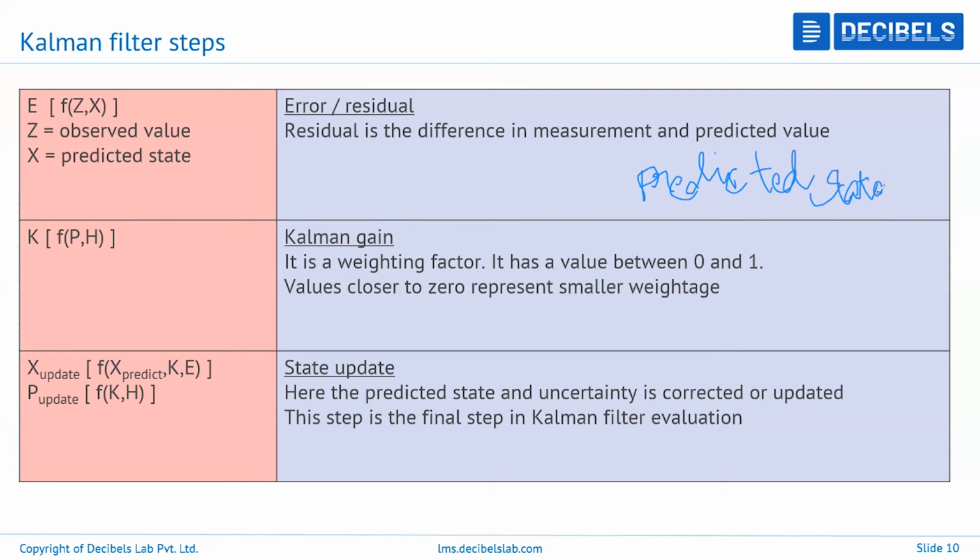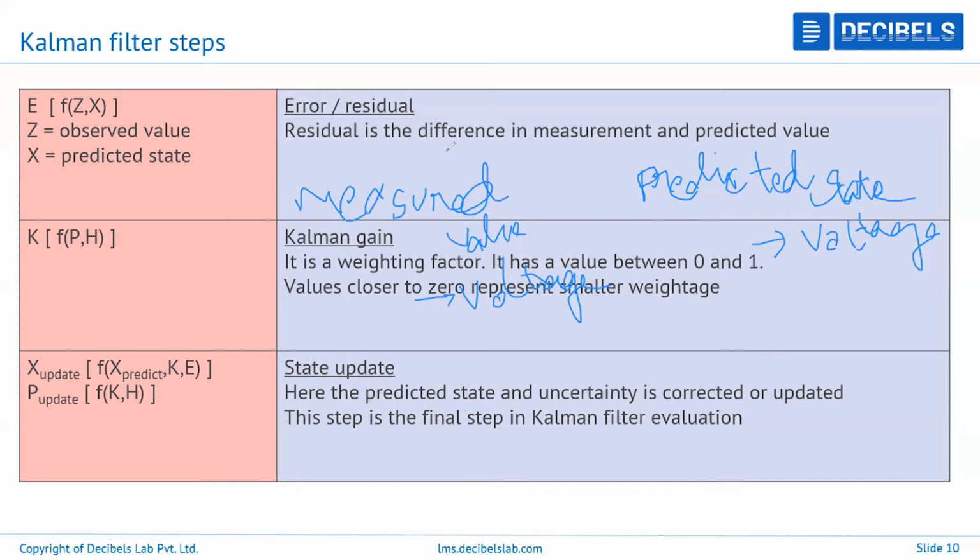Predicted state is one, and the other is the measured value, which is coming in from the sensor. So for example, predicted cell voltage versus measured cell voltage.